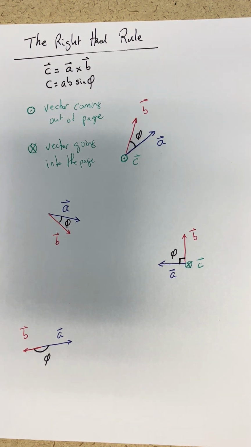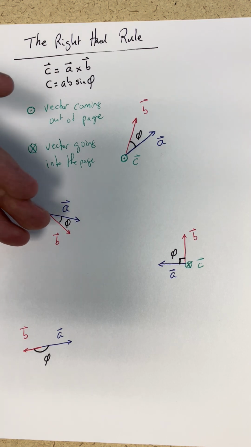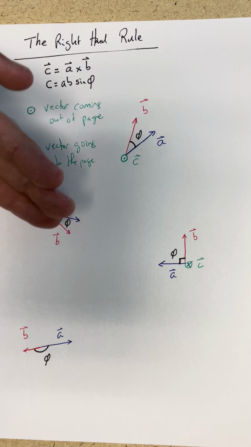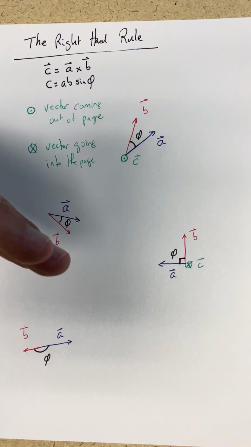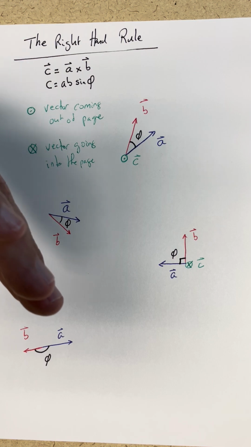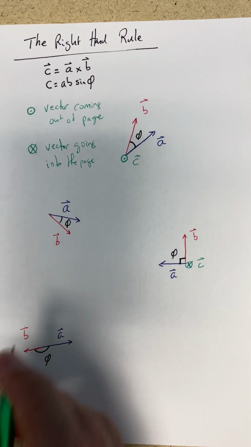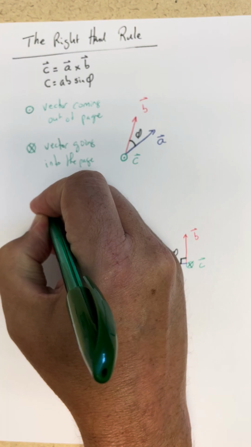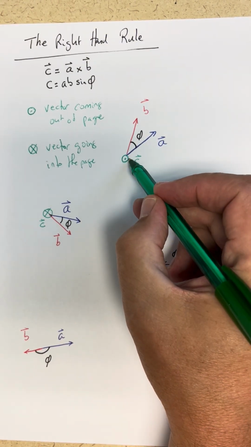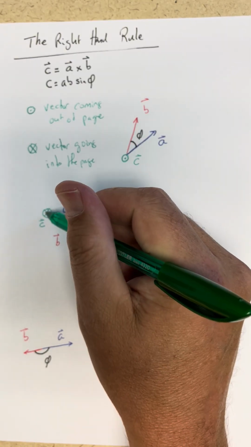So now I want the fingers of my right hand to be along the direction of the vector A, and I need to curl my fingers to be parallel to the vector B. That means I have to flip my hand like that, and then indeed my thumb is going into the plane of the page again. So this is also into. So we have an out of, into.